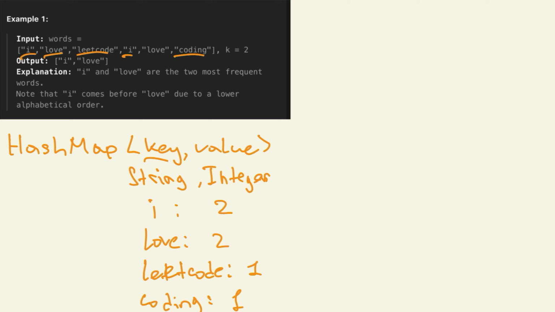So after putting the elements in the hash map, we have to order them by their quantity from the highest to lowest. So to do it, we need to use PriorityQueue. The first priority will be the quantity of keys.